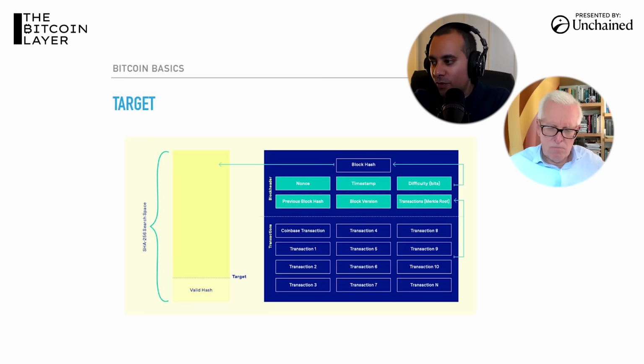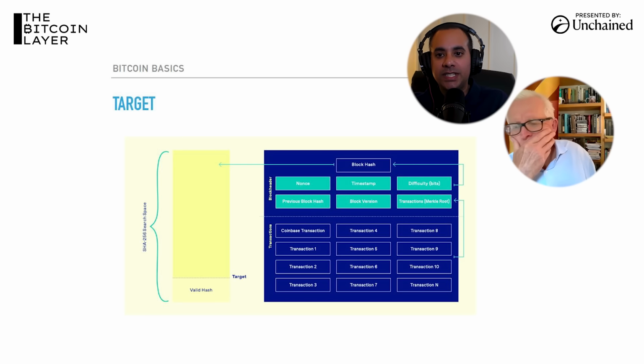And do it before the thousands of miners around the world that are also trying to do this first. So the difficulty target is such a small number that it makes winning blocks near impossible. And of course, it's not impossible because someone does it every 10 minutes. But it's rare.